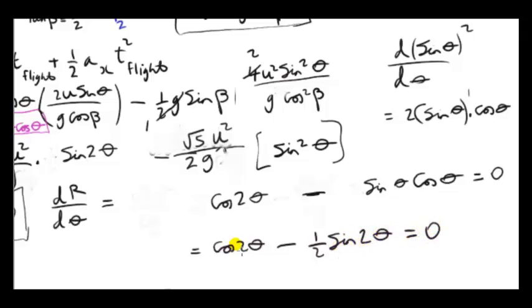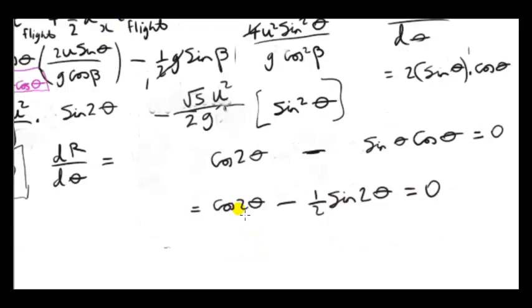The angles are the same, but the functions are different. However, we can write this equation just involving a single trigonometric function. We use the fact that tan 2 theta is sine over cos.